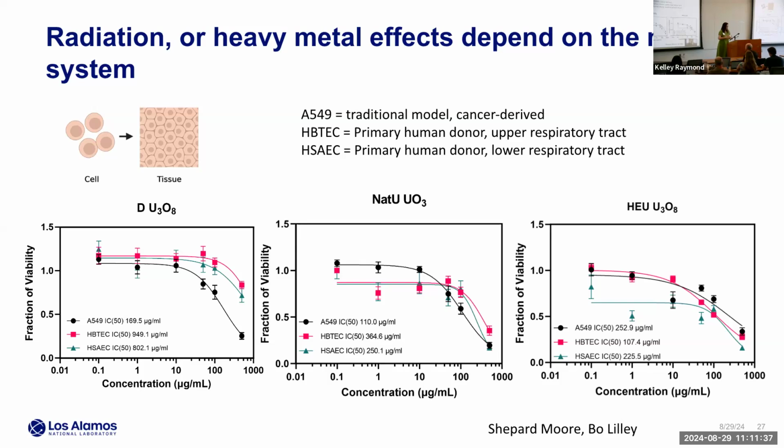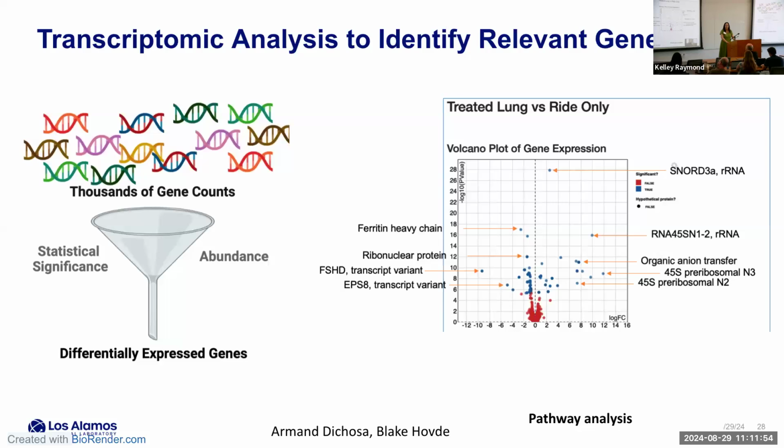But after we went through many iterations of these experiments and different follow-on studies, we realized that what was happening was metal toxicity, not so much the radiological toxicity. We performed transcriptomic analyses on our samples to identify relevant genes and compared that with what's known in medical literature for our doses.